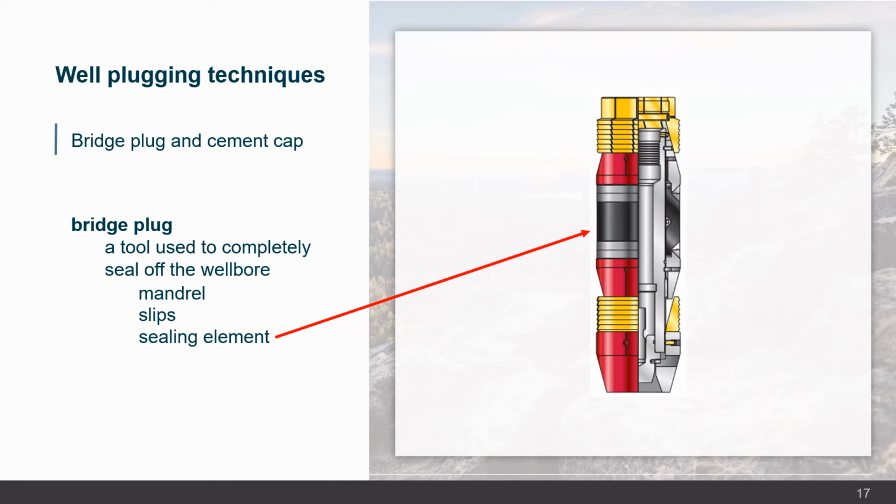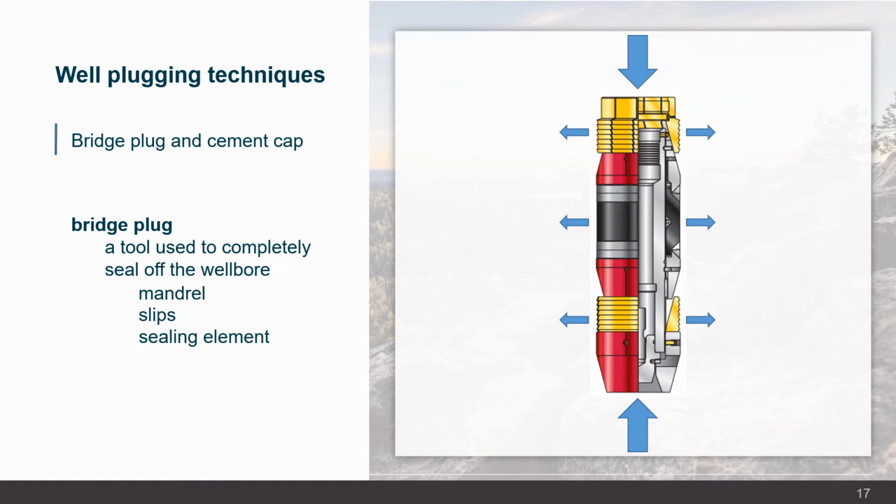This tool is installed by applying a compressive force along the axis of the bridge plug. This causes the slips to slide outwards along the sloped shoulders and get pushed outwards into the walls of the casing. The slips are made of a hardened steel and engage very strongly with the casing. This prevents the bridge plug from sliding upwards or downwards within the wellbore.